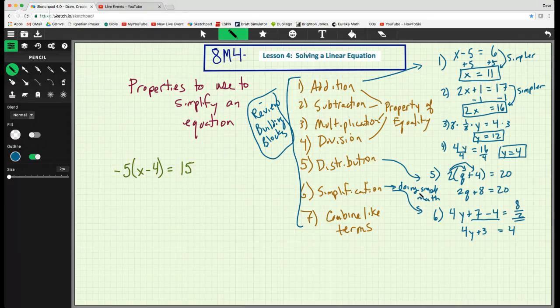That's another way to think about it. And then combining like terms. I showed you that before: 2x plus 4 plus 9x minus 3 equals 10. You find your like terms and you get 11x, and then you take your constants, 4 minus 3 is 1, equals 10.